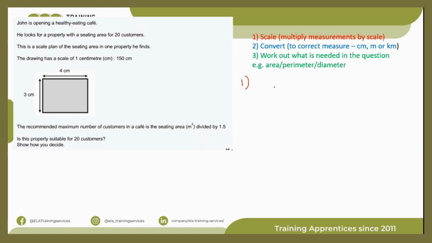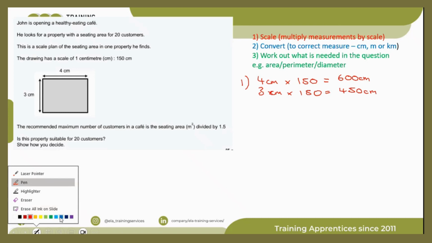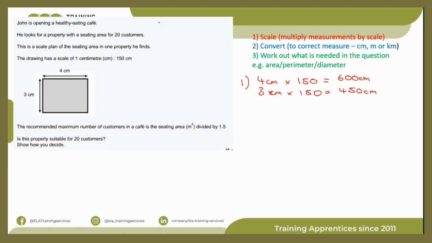Number 1, we're going to multiply by our scale. So our scale is 1 to 150, so that's what we're going to multiply our 4 and 3 by. So 4 centimetres times 150 and 3 centimetres times 150, and we've got 600 centimetres and 450 centimetres. And then our next step, we're going to convert to the measurements that we are looking for. And here we notice it says metres squared, so that's going to be what we convert to.